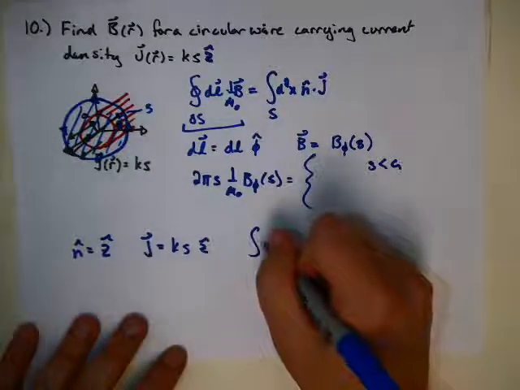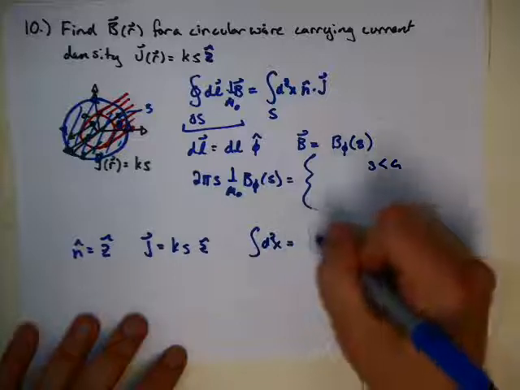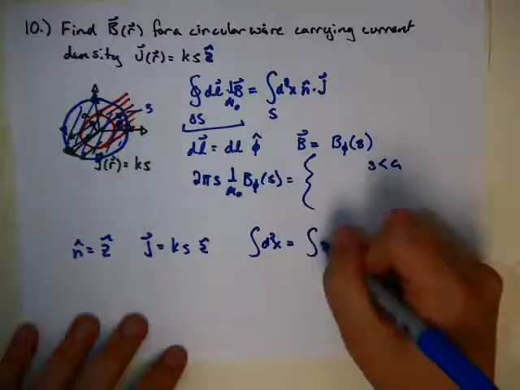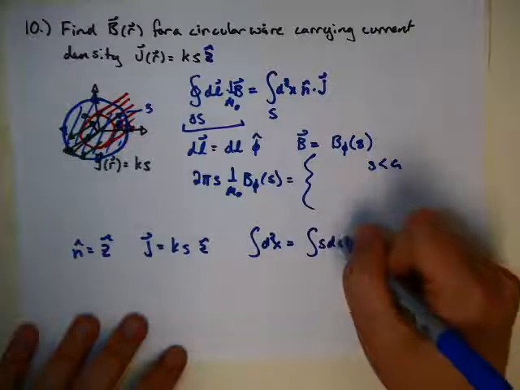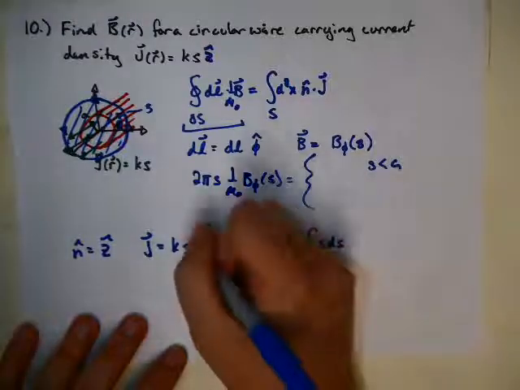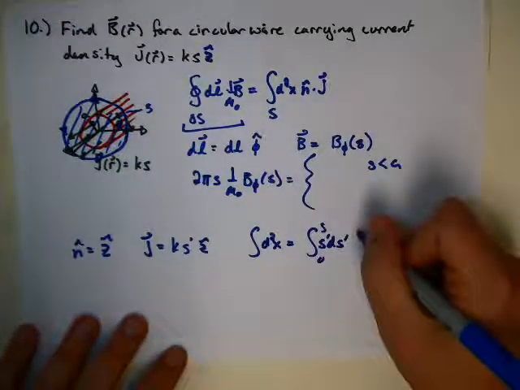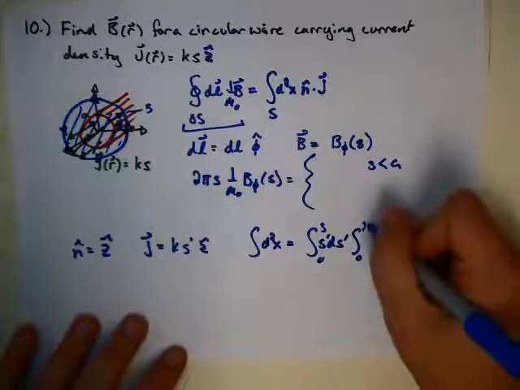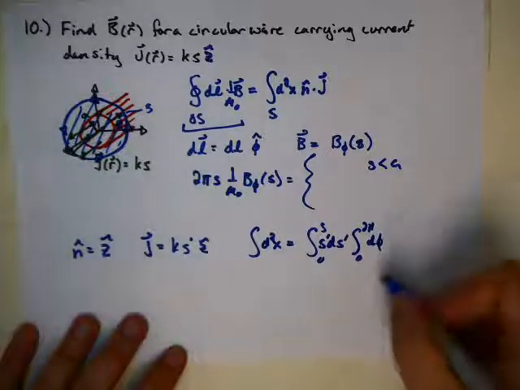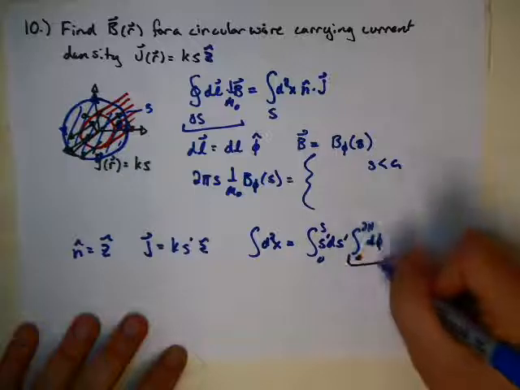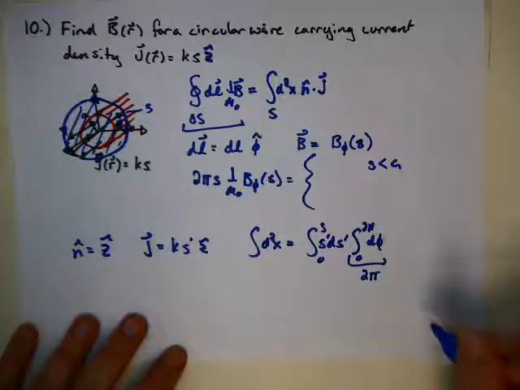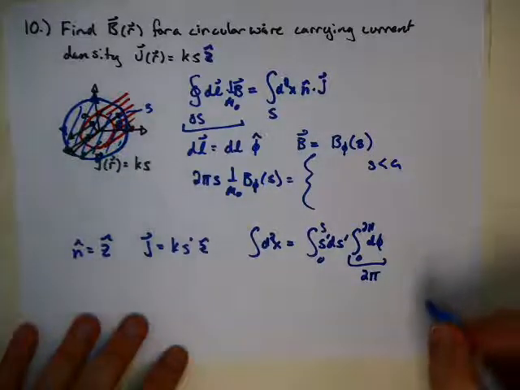Also in cylindrical coordinates, this d²x is going to be the integral of s' ds' from 0 to s, and the integral from 0 to 2 pi of d phi. But again, J is independent of phi, so this can simply be evaluated to 2 pi.